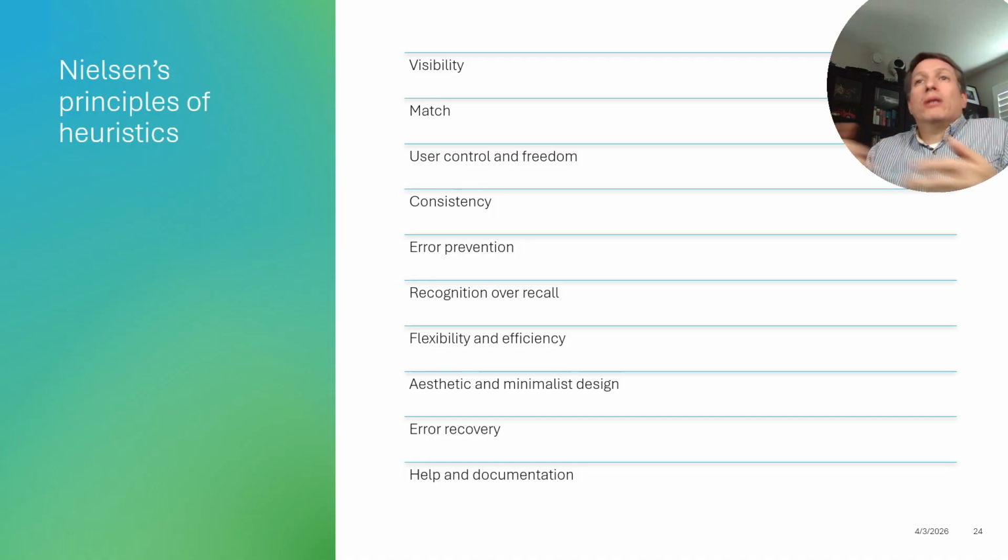And help and documentation is how, when the user is lost, they can find their way. These are the basic heuristics, and the heuristic analysis works in the way that the experts individually go through the interface, identify and list these problems, then combine the problems they identified, and then you grade them.